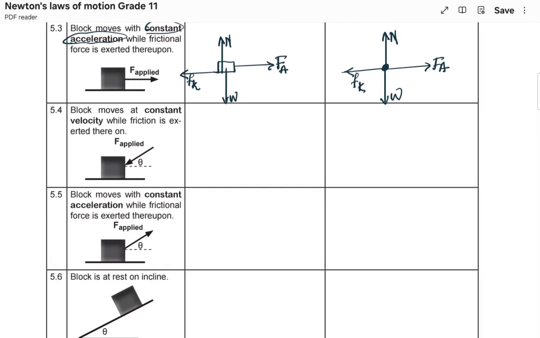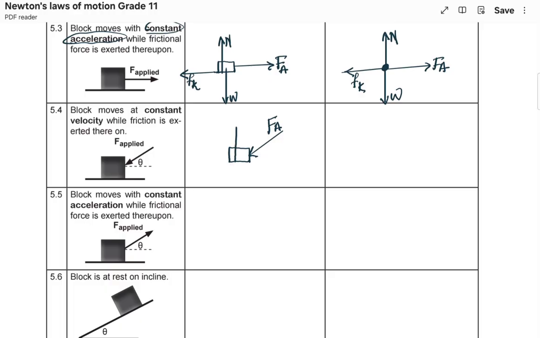So this one we have. I'm going to draw a box. So remember, this vector must touch the box, which is the force applied.